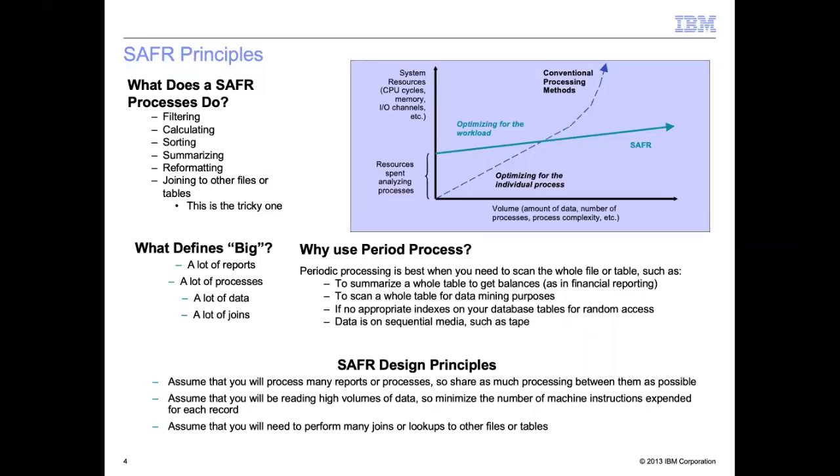In a Geneva world, big can be a lot of reports, a lot of processes, a lot of data, or a lot of joins. When you run the GenevaERS process, Geneva wants to resolve all sorts of queries or processes and produce many outputs in one pass through the file.